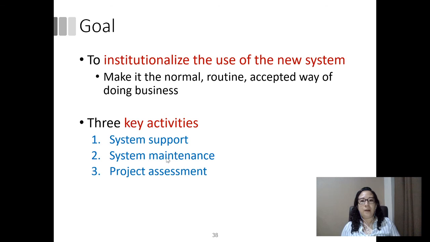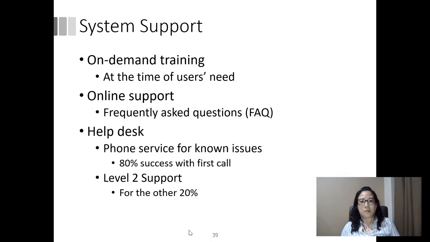Okay, and there are three activities that we need to do. In the system support, there will be on demand training. It means if there is some case where the user still does not understand, then we can do the on demand training. We also can provide online support, something like a defined FAQ.